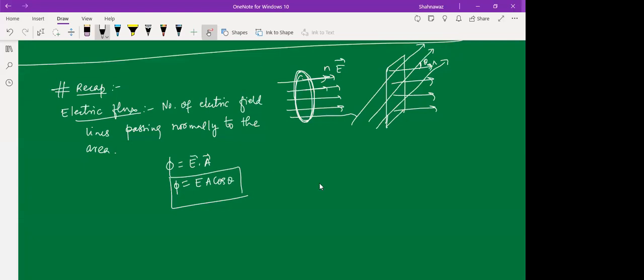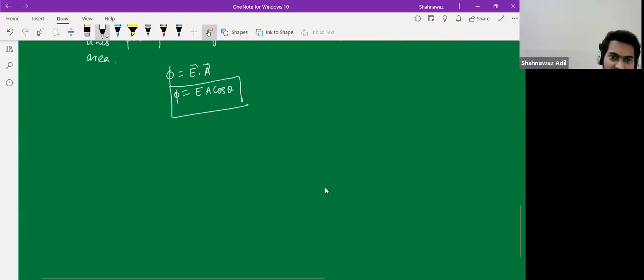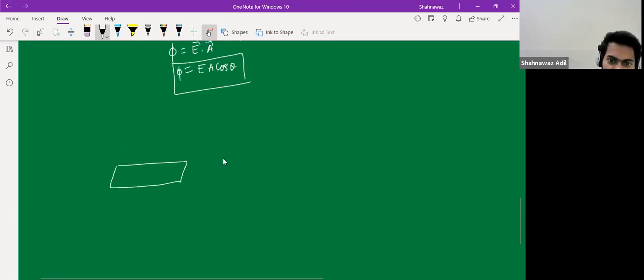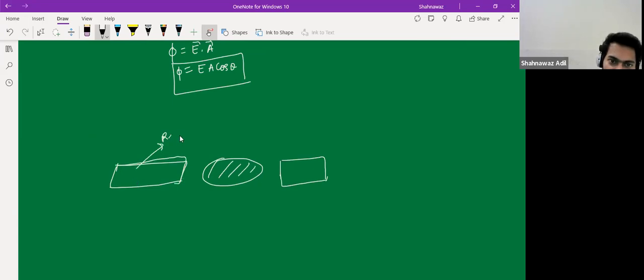Yeah, so the surface that we talked about was the planar surface, right? Planar surface meaning these kind of surfaces. Let's say a square surface. Okay, so this is a rectangular surface, right? And this is a circle, not a sphere.